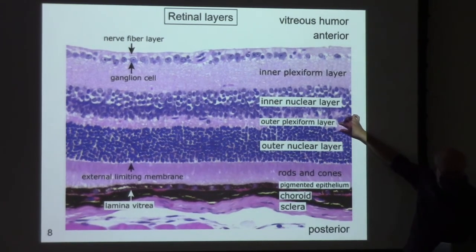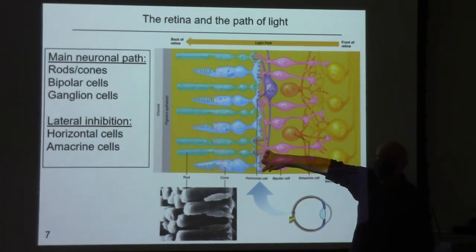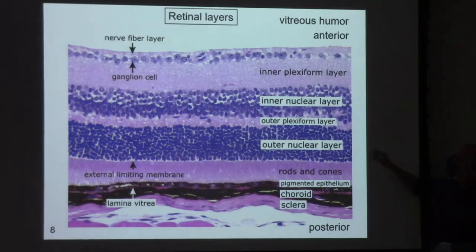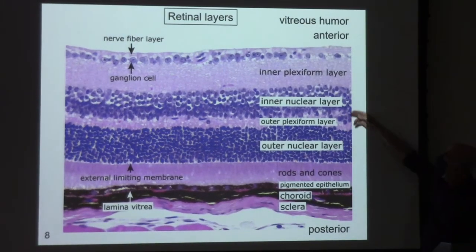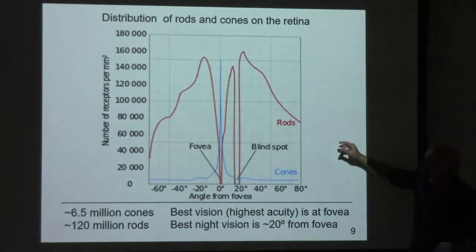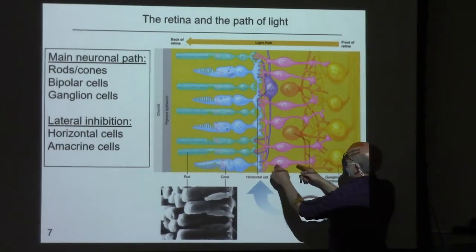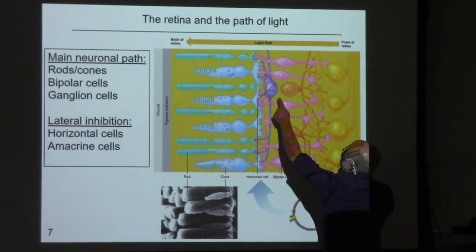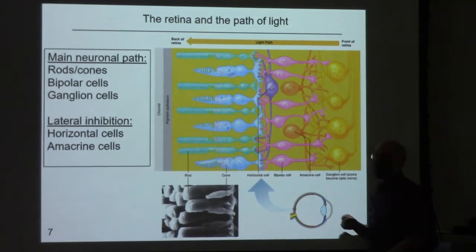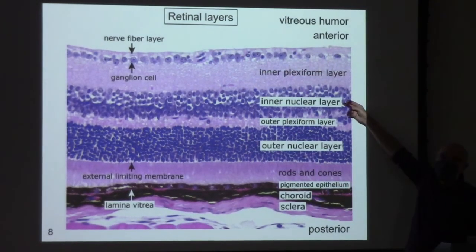So this layer is this layer. Inner nuclear layer, cell bodies. The cell bodies of the bipolar cells, the cell bodies of the horizontal cells, and the cell bodies of the amacrine cells are all in that other cell body layer.